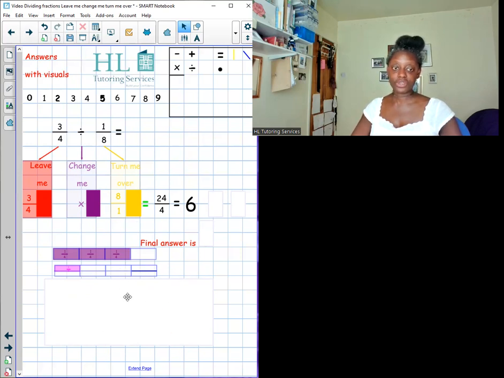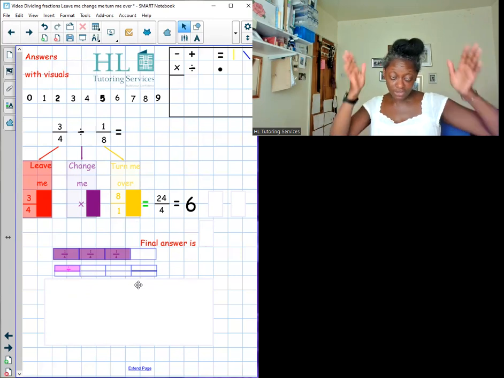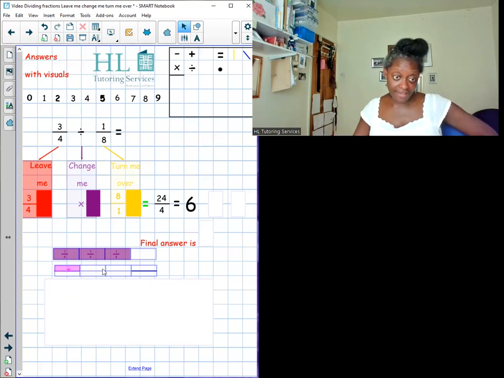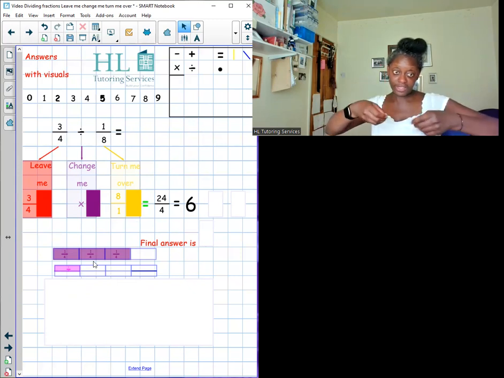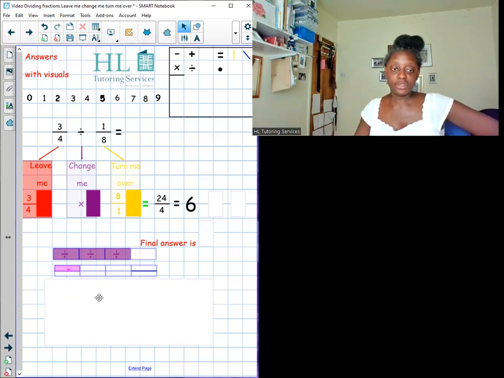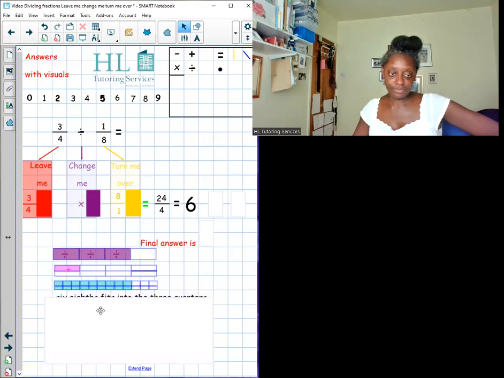So I'm going to use those two fractions for this. So I've tried to make sure that they've lined up carefully so that the 2/8 would fit into the quarter. So they're in proportion to each other. So I need to think to myself, how many of these pink 8ths would fit in those quarters?